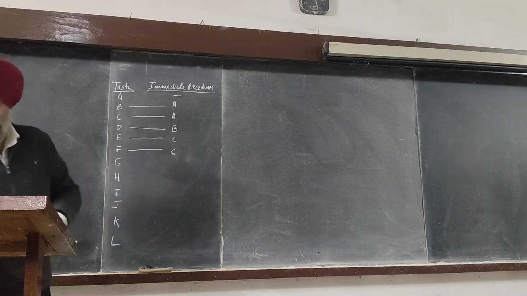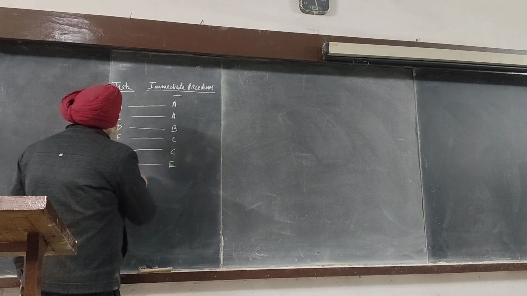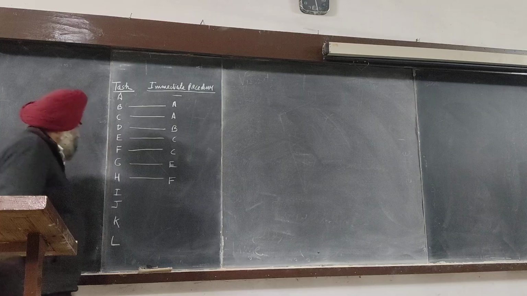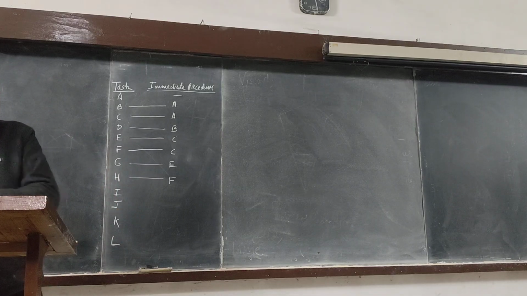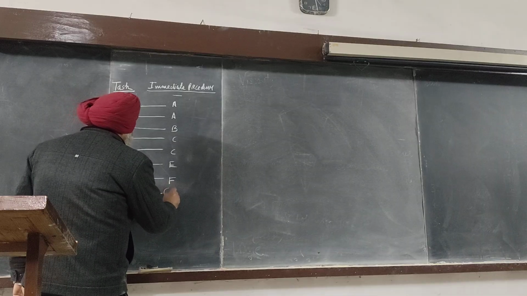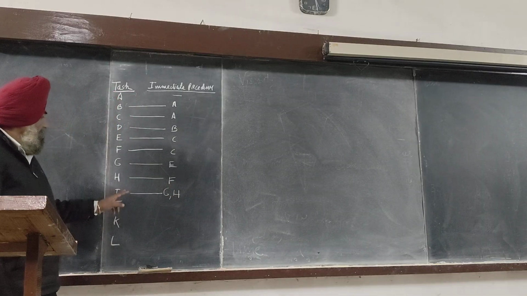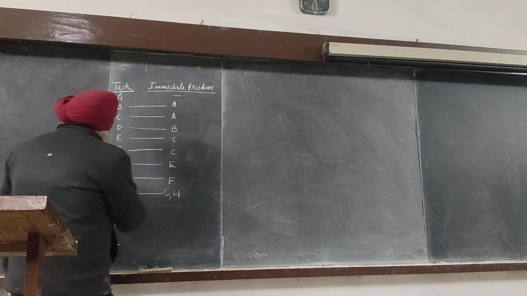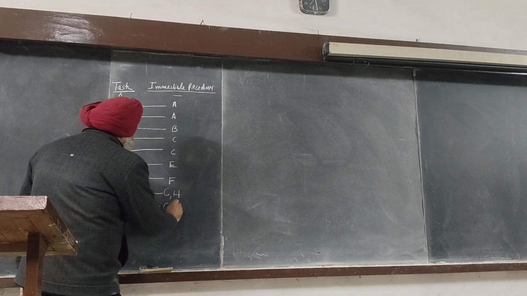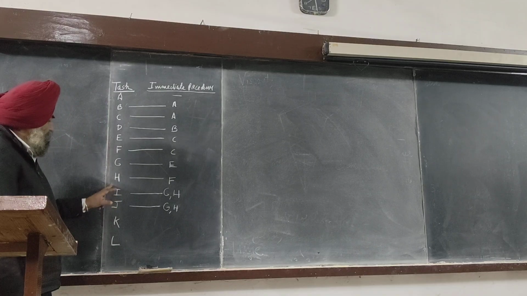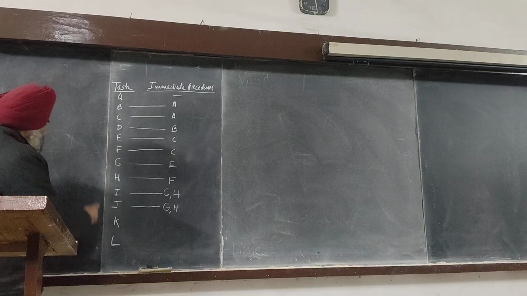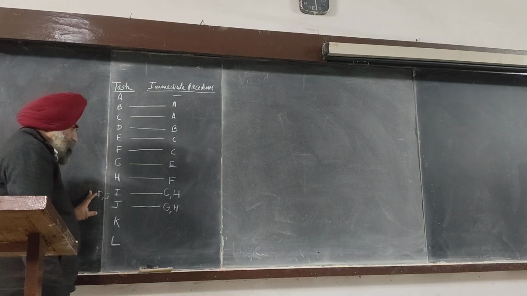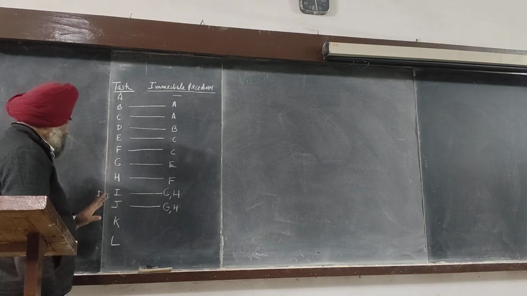For G, E has to be completed, and F has to be completed before the start of H. G and H have to be completed before the start of activity I. Similarly for J, again G and H. You can club it like this, I comma J, and mention the two activities simultaneously.